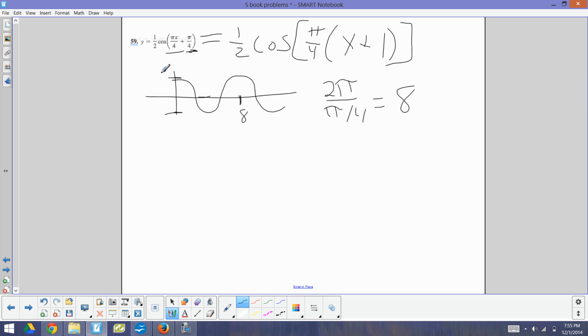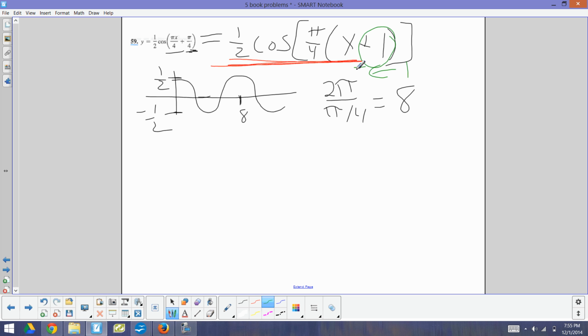Amplitude is a half, so it goes up to a half and down to a negative half. So that graph that I just sketched out very quickly is just that part of the graph without any movement. Now let me do my movement. The plus 1 is left 1. Left is negative direction, so I'm going in the negative direction 1.